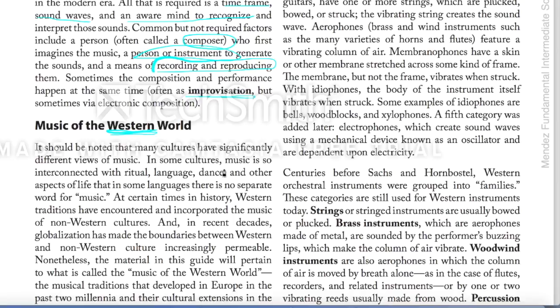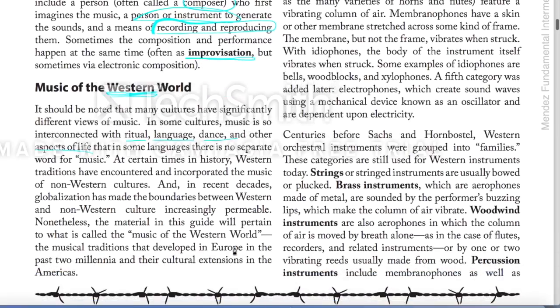In some cultures, music is so interconnected with ritual, language, dance, and other aspects of life that in some languages there is no separate word for music. At certain times in history, Western traditions have encountered and incorporated the music of non-Western cultures, and in recent decades, globalization has made the boundaries between Western and non-Western culture increasingly permeable.